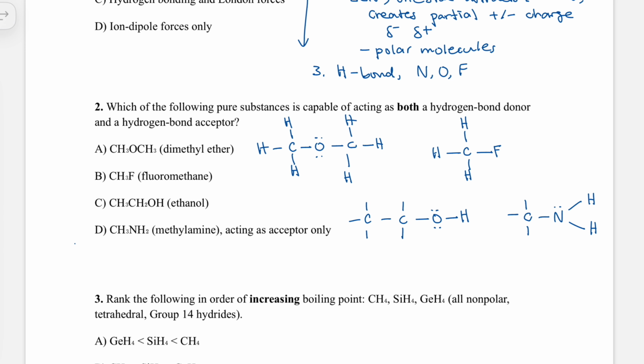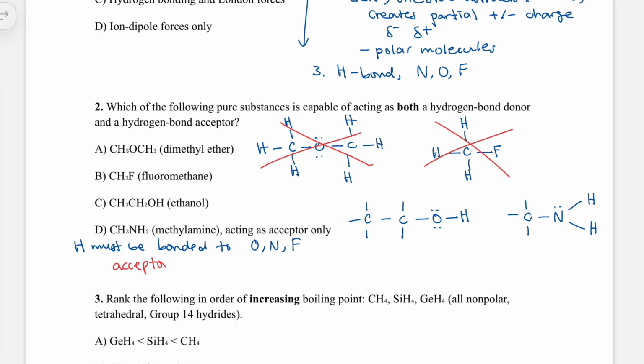So we can automatically eliminate the first 2 options because there's no hydrogen attached to O, N, or F. And then an acceptor is basically a lone pair that's on O, N, or F because that's going to attract the partial positive hydrogen, and then the donor is the H that is attached.